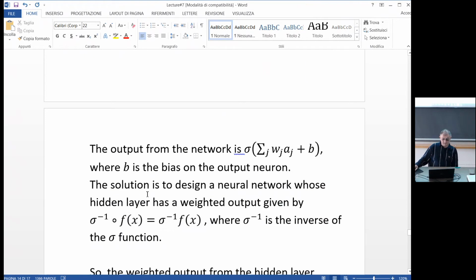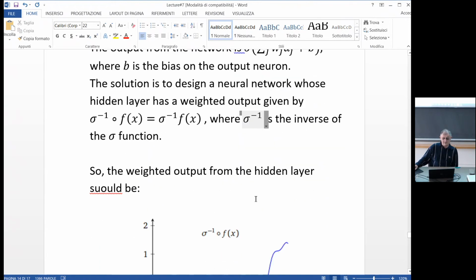So the solution is to design a neural network whose hidden layer has a weighted output given by sigma minus 1 applied to f of x. Where sigma minus 1 is nothing else than the inverse of the sigma function.